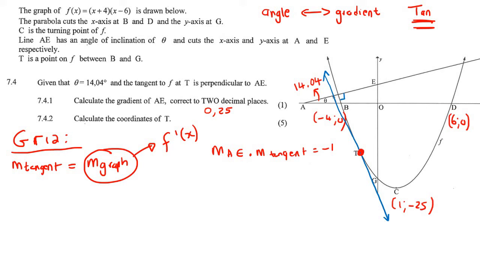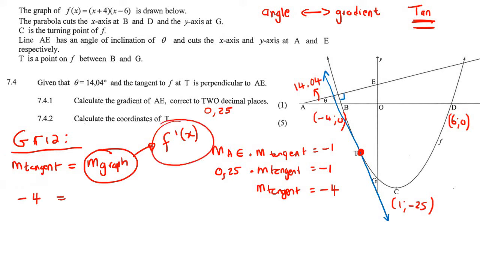The gradient of AE is 0.25, and the gradient of the tangent is the one that we're trying to calculate quickly. So if you work out the gradient of the tangent here, you would get -4. Okay, so we have the gradient of the tangent, which is fantastic. So we can say -4 over there.